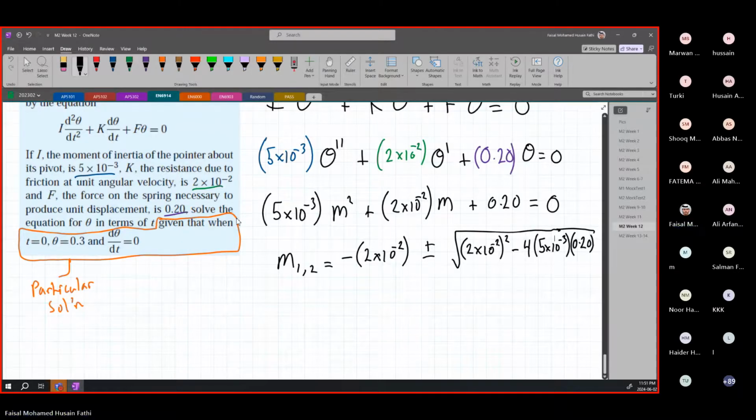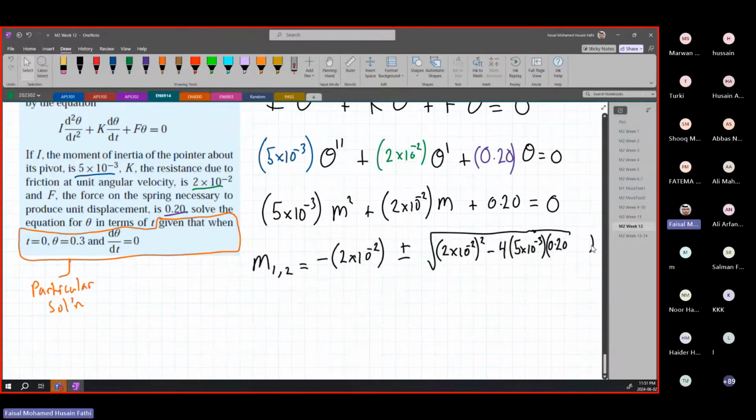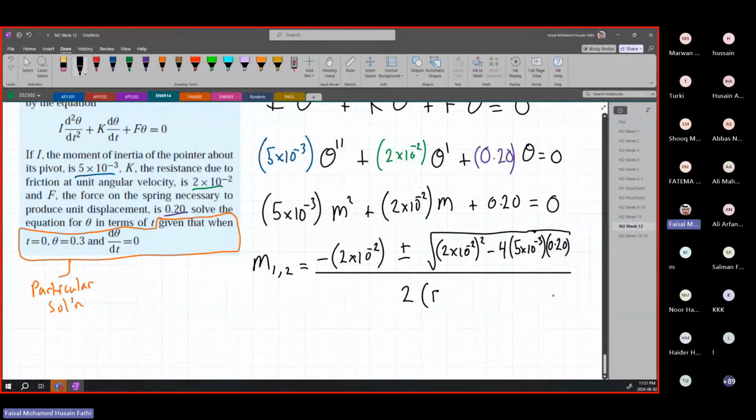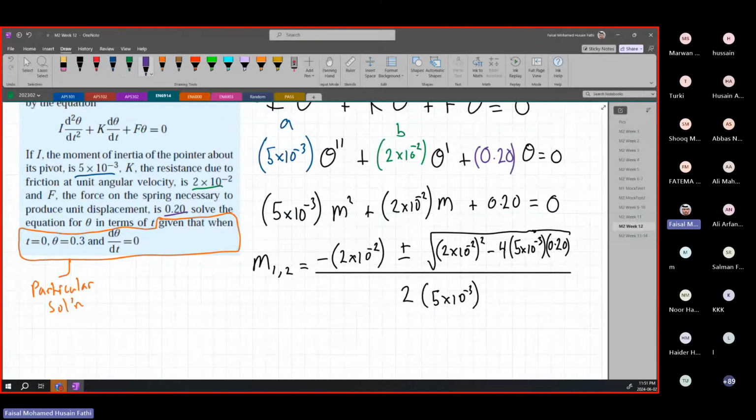Let me move this a bit to the left. All right, so this is your quadratic equation, of course, divided by 2a, which is 2 times 5 times 10 to the minus 3. Again, reminder, this is your a, this is your b, and this is your c.